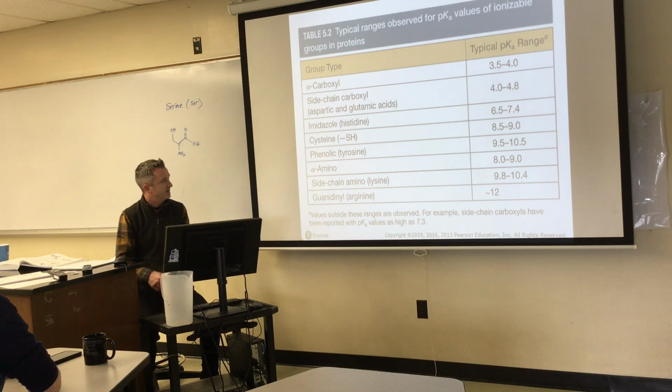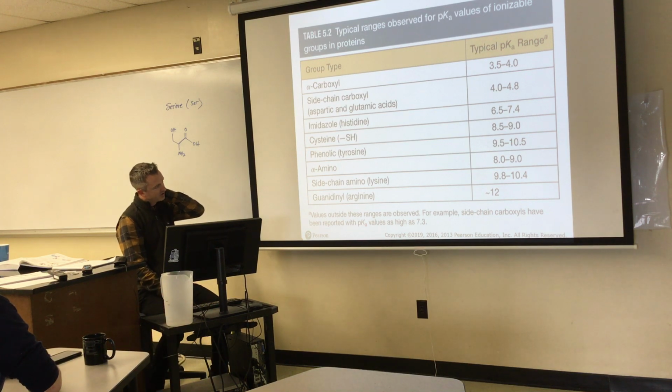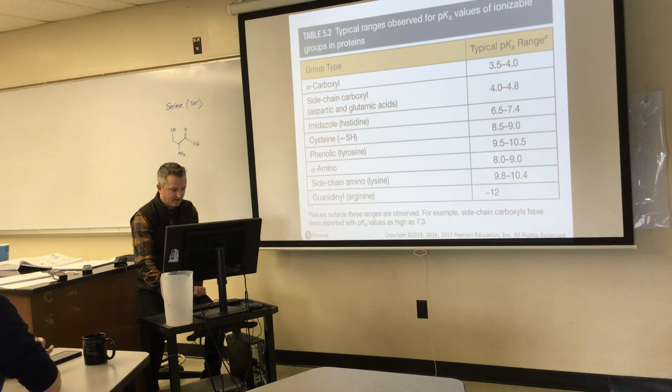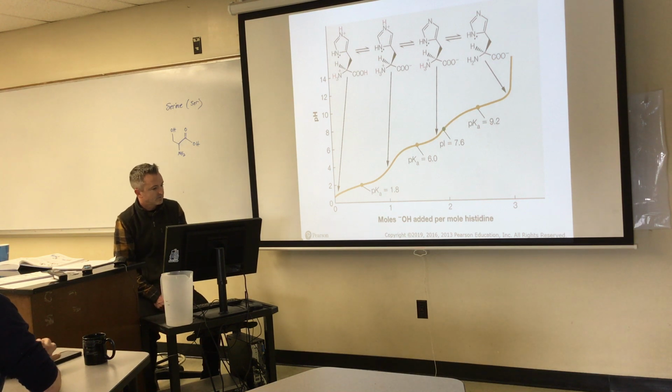Imidazole, on the next slide, looking at histidine, is closer to physiological pH, 6.5 to 7.4 for its pKa, and then you just keep going on up. Arginine, look at that, like 12. It's pretty high.